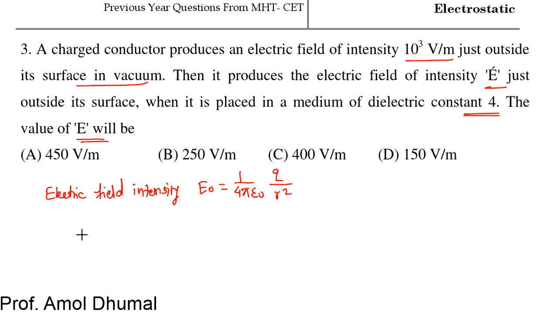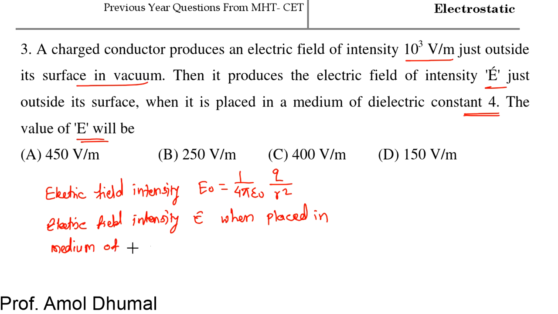When the charged conductor is placed in a medium of dielectric constant 4, epsilon is equal to epsilon 0 into K. So the permittivity of the medium epsilon is equal to 4 epsilon 0.